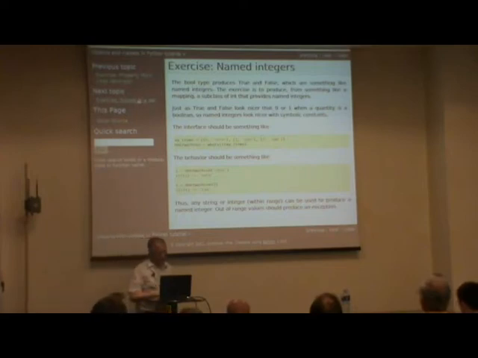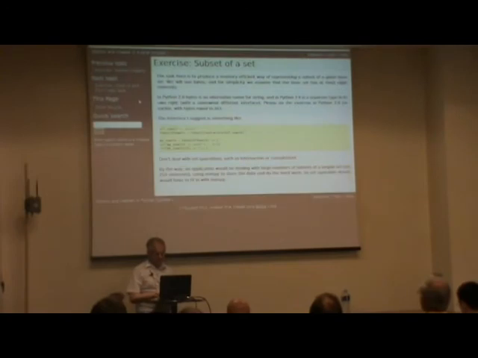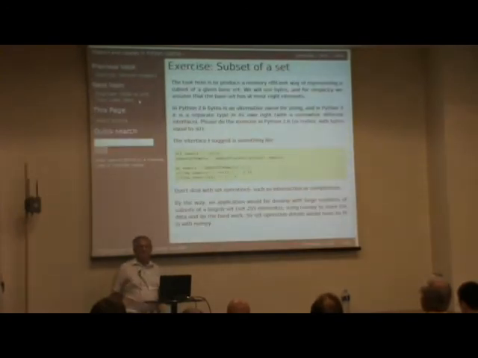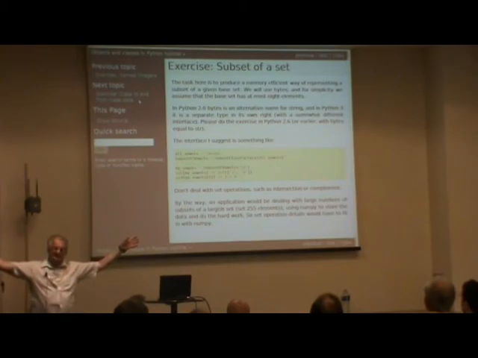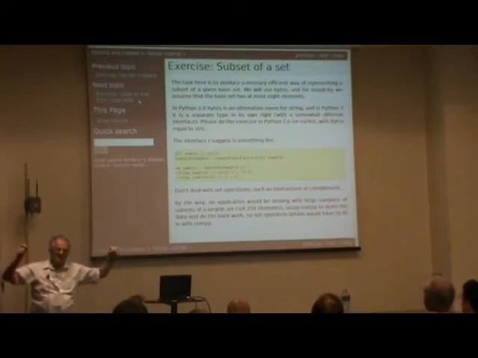The next one, okay, this might be too hard for us. But we want to efficiently store a subset of the vowels, or a subset of the people in this room. So it's not a set. A set can have any members. But a subset, you're saying ahead of time what the universe is.